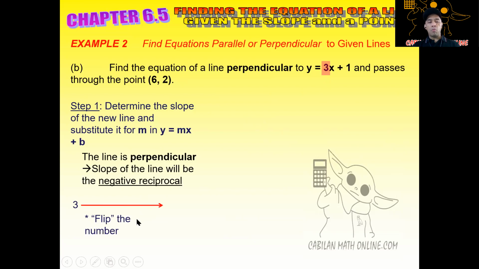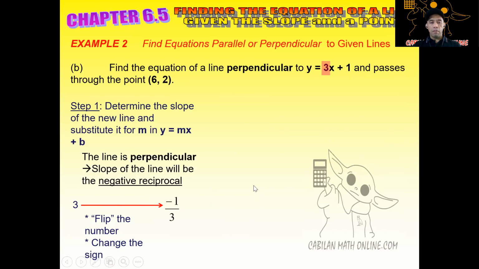Now remember the way we do that is by taking the number, and remember there was an imaginary 1 underneath it. You switch the numerator and denominator. I just say flip it because it's a faster way to say it. And then you change it to the opposite sign. So when I flip the 3, our new fraction will be 1 over 3, and then when you change the sign, it becomes negative 1 over 3.